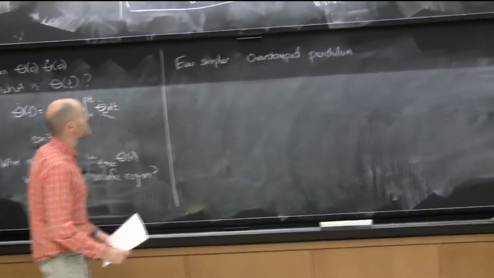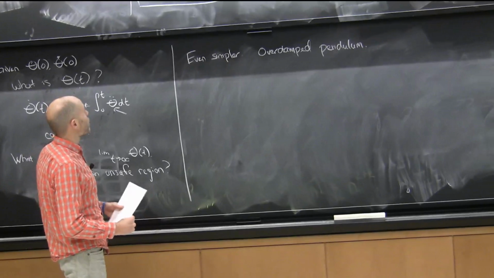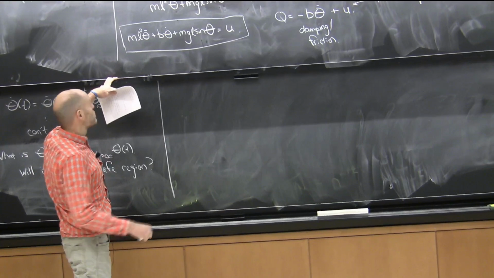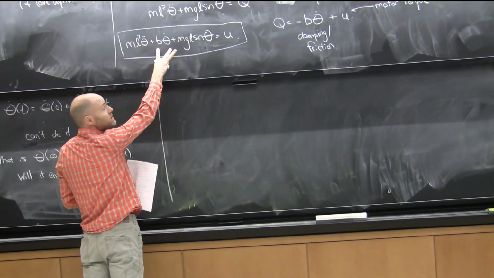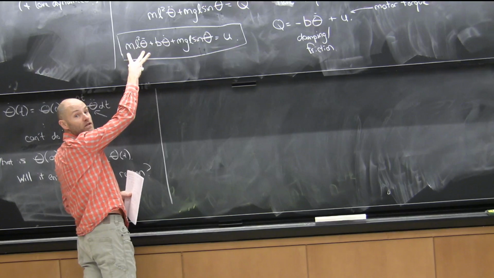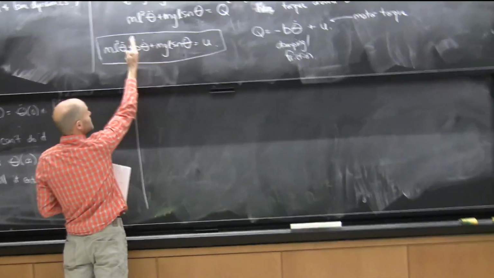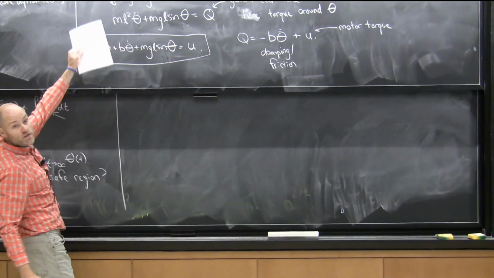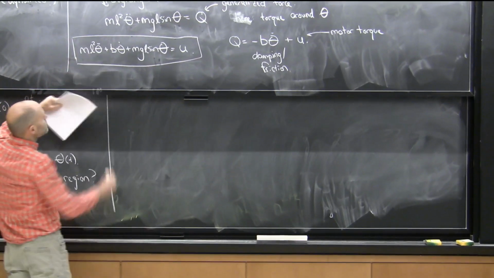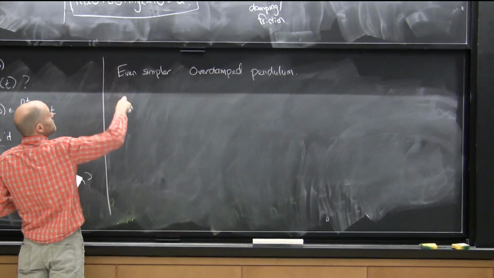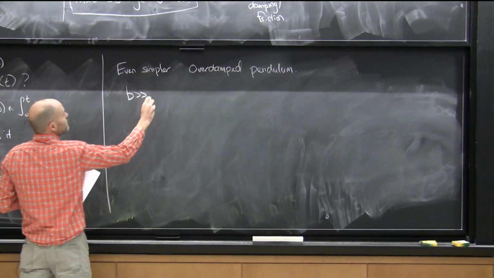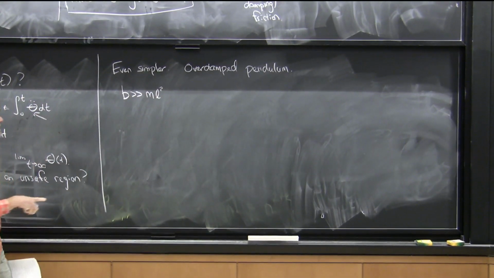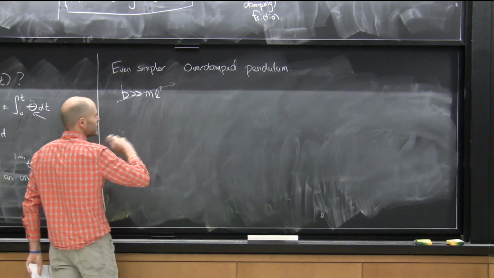What does it mean to say B is large, or what do I really want? I'd like this term to be sufficiently bigger than this term that I can effectively think about the system as a first order set of equations because the contribution here is small. So I'd like to say something like B is a lot greater than ML squared or something like that. But don't say that because that doesn't parse.